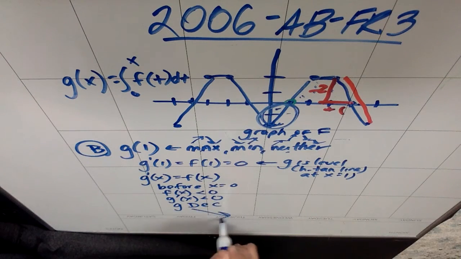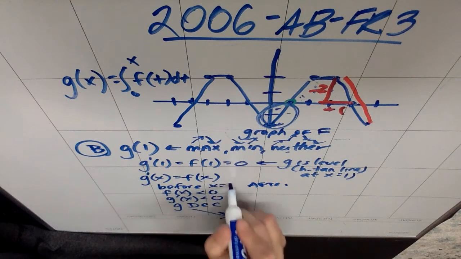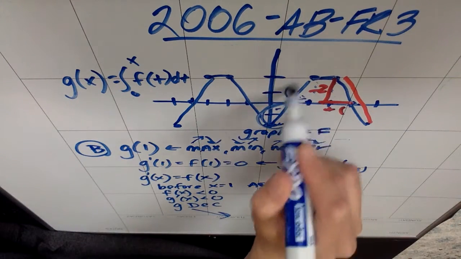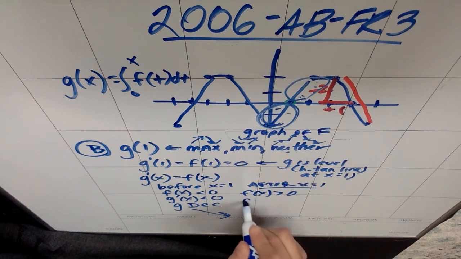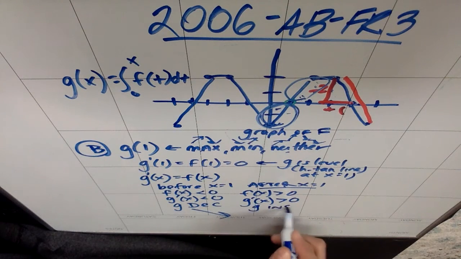So g looks like this. After x equals, sorry, I didn't mean x equals 0, I meant x equals 1, my bad. After x equals 1, f of x is greater than 0, which means g prime of x is greater than 0, which means g is increasing like this.